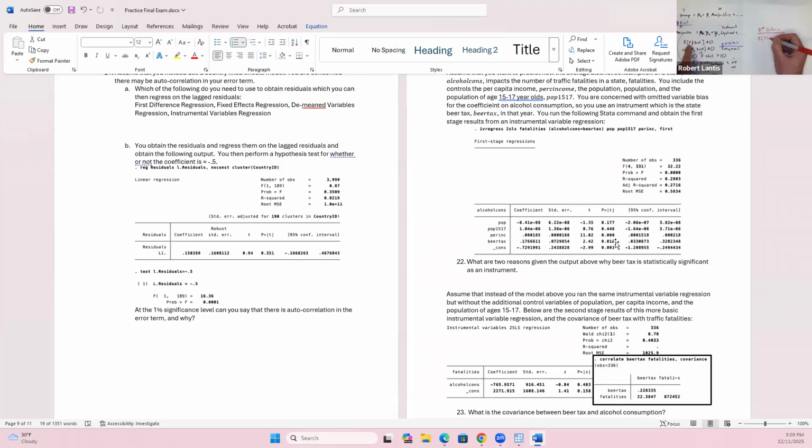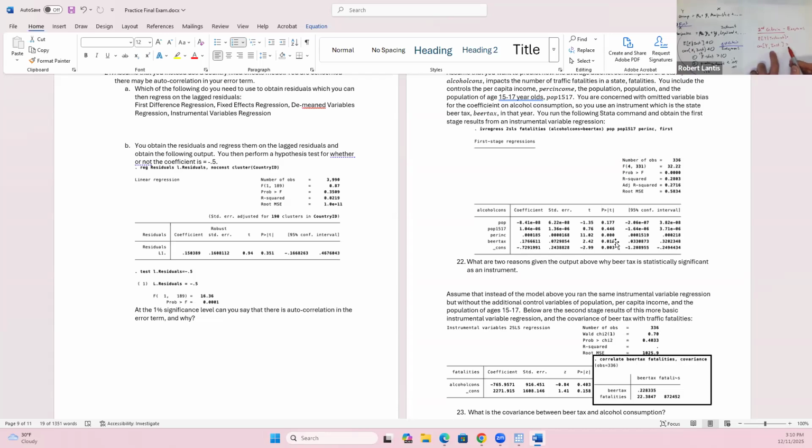So if the first criteria was that the instrument was correlated with X, the second criteria is that the expected value of Y given the instrument, or we could think about this differently as the covariance between Y and your instrument, that it is exogenous to Y. So if it's exogenous, it's not related.